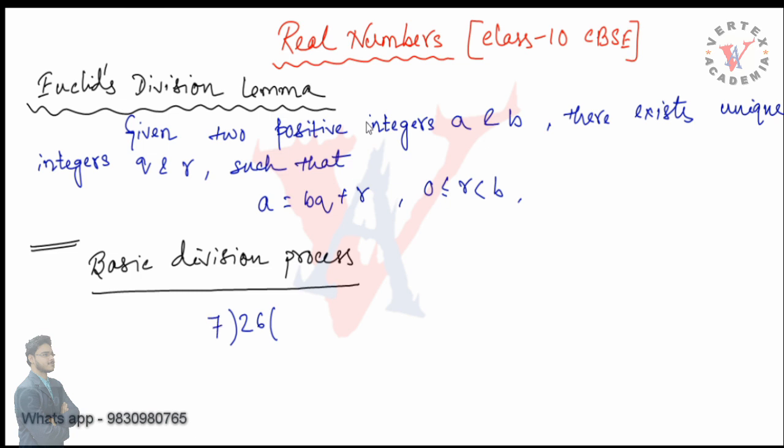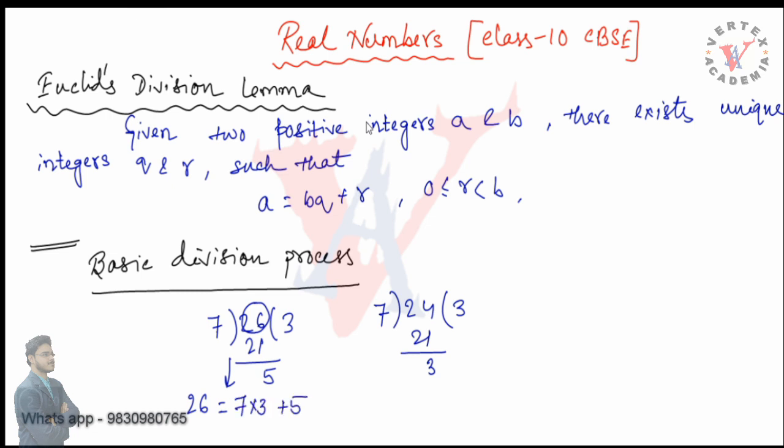So 7 3s are 21 and the remainder is 5. Again, let us see another thing. Let us say we are dividing 24 by 7. So 7 3s are 21 and the remainder is 3. So here we can write 26 equals 7 times 3 plus the remainder, and here also 24 equals 7 times 3 plus the remainder, which is 3.